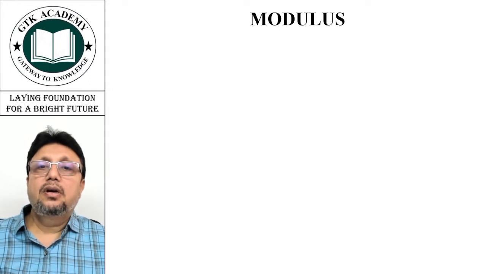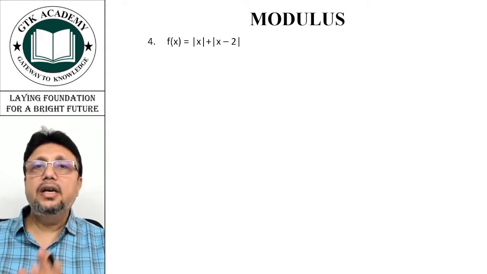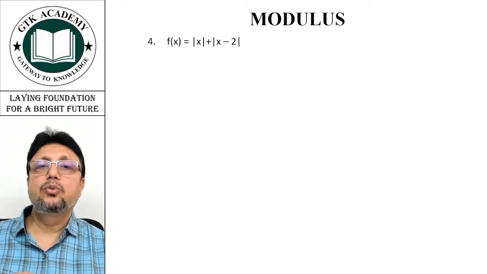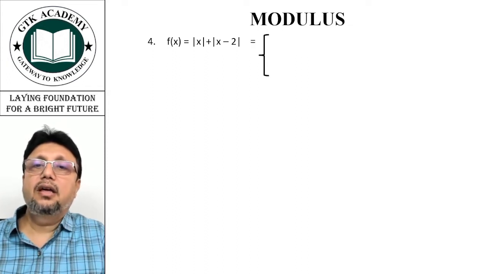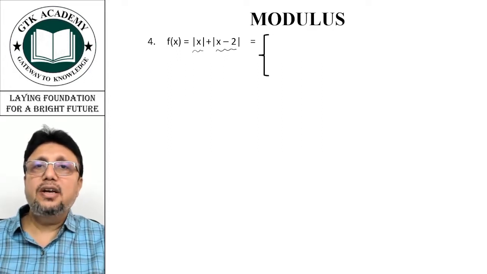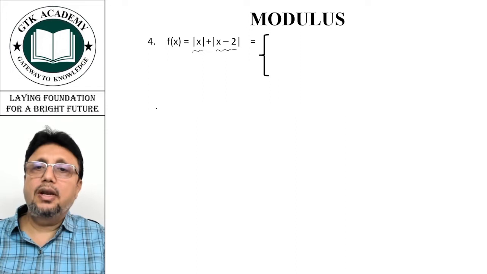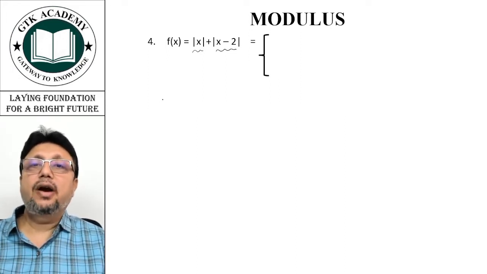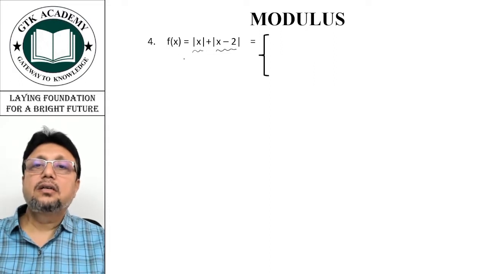Now, let us see how we define this function, which is mod x plus mod x minus 2. How do we write it? Now, this function is a sum of two functions, that is mod x and mod x minus 2, which again have different definitions in different regions. So let us first of all write their individual definition, and then we will find what is the definition of this f(x).